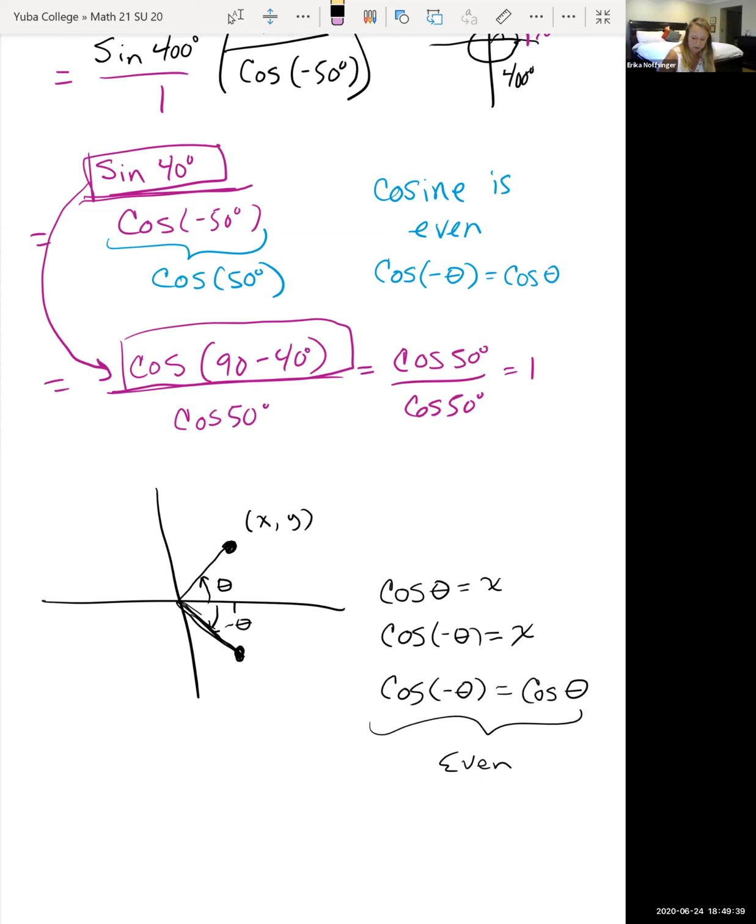Where with sine, notice that the point changes. When I look at negative theta, my y value is now negative y. So sine of theta is equal to y, where sine of negative theta is equal to negative y, which is the same thing as negative sine theta. And so by definition, this means it's an odd function.